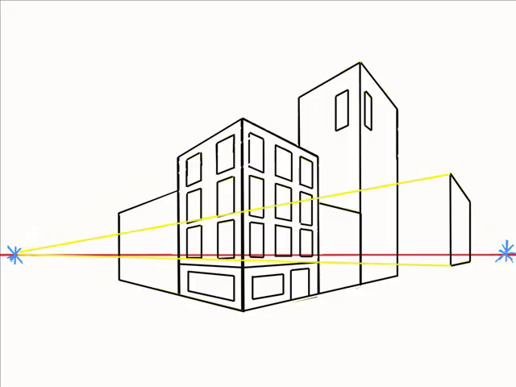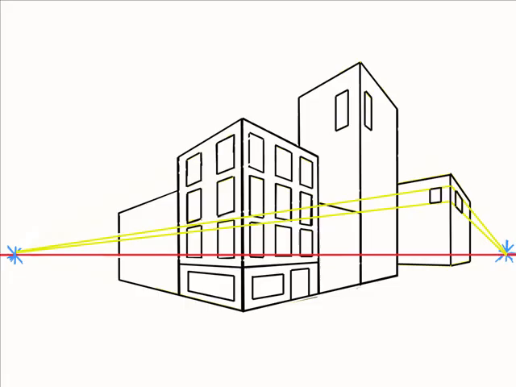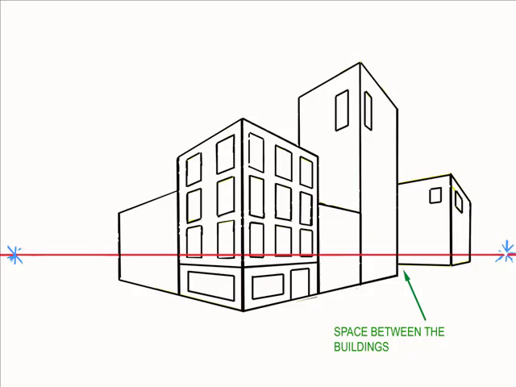So we have to line it up with the left-hand vanishing point. And windows on either side of this building have to line up to the correct vanishing point. So now we've left a space between the two buildings.